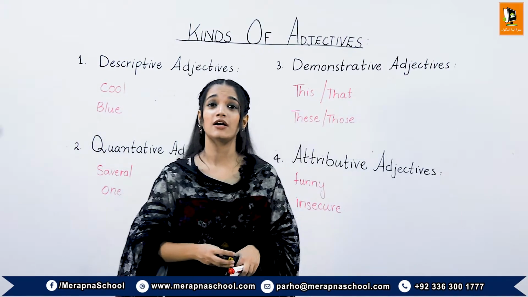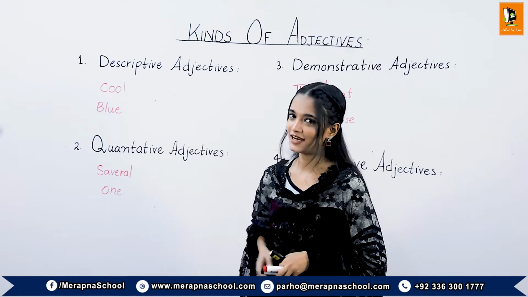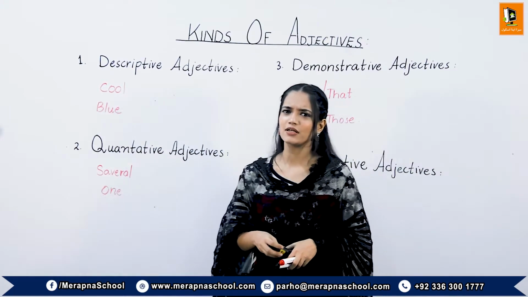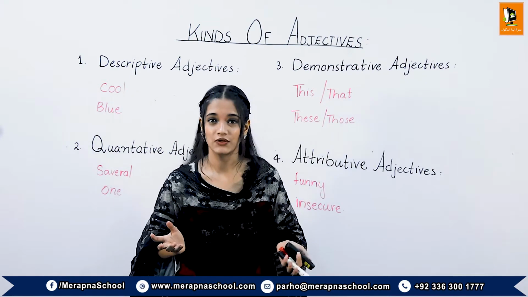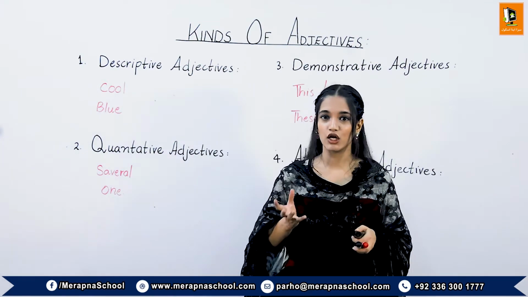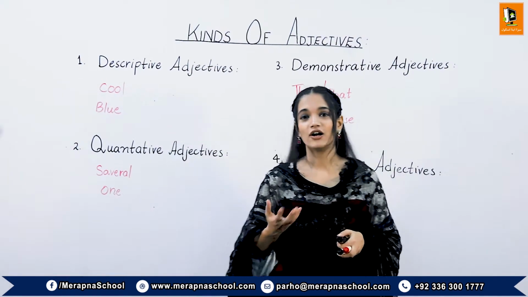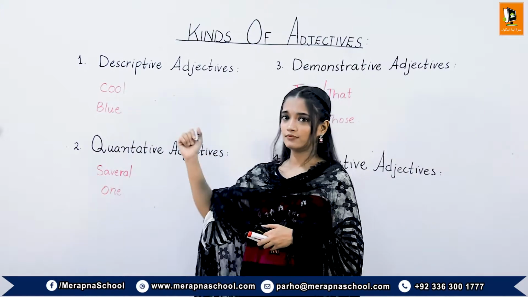Okay students, we are going to look into some detail of the kinds of adjective. So first of all, descriptive adjectives. What are descriptive adjectives? By definition, they describe how a person looks, smells, sounds, feels or tastes, etc. For example, cool, blue.